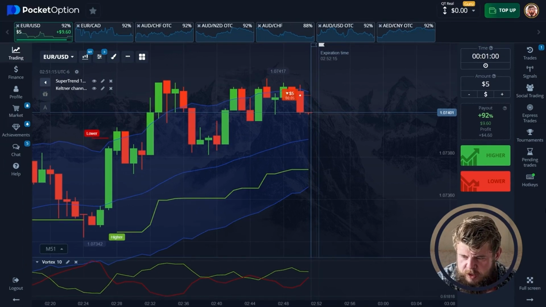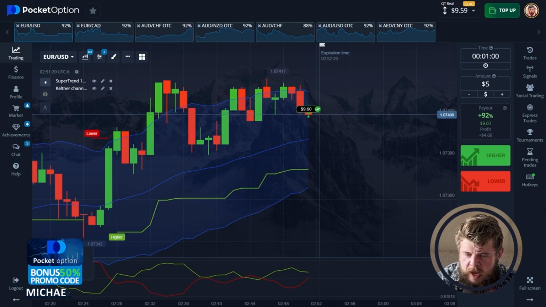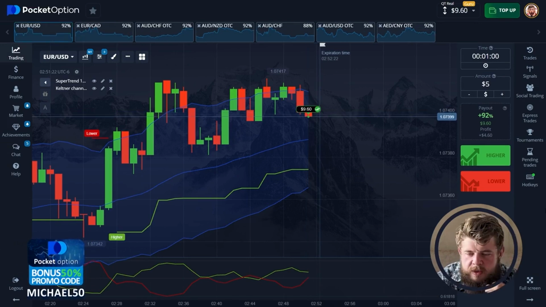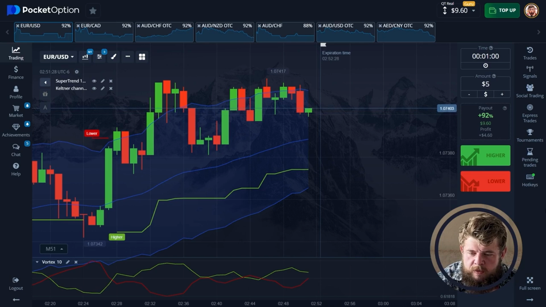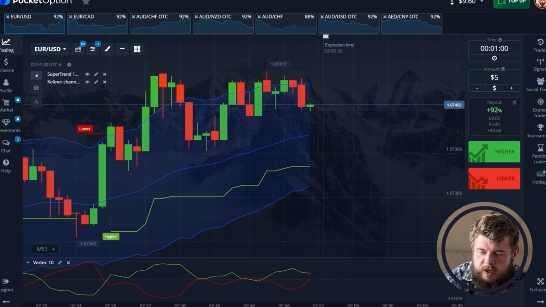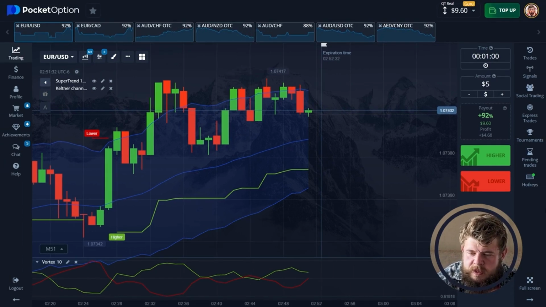So trade is almost closed, just few seconds left, and yeah, so the second trade is profitable. So this is our first profit for today's trading session, and we have around $10 on the account right now. So that's a good start.